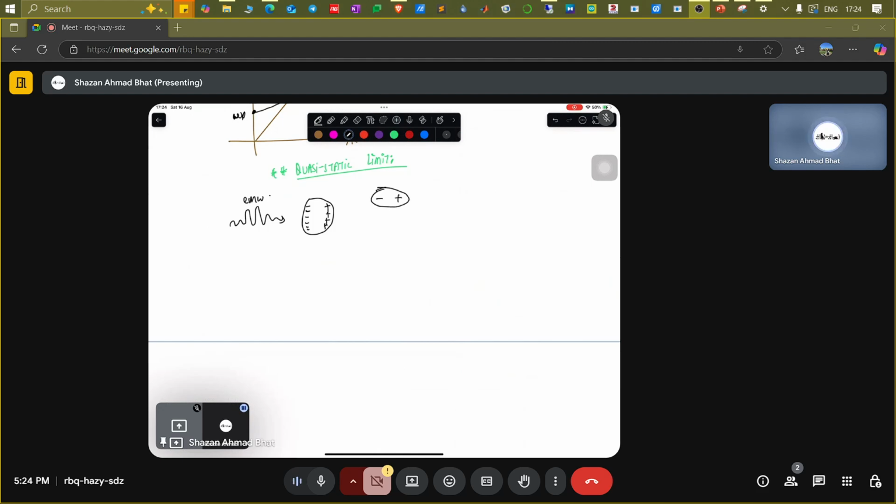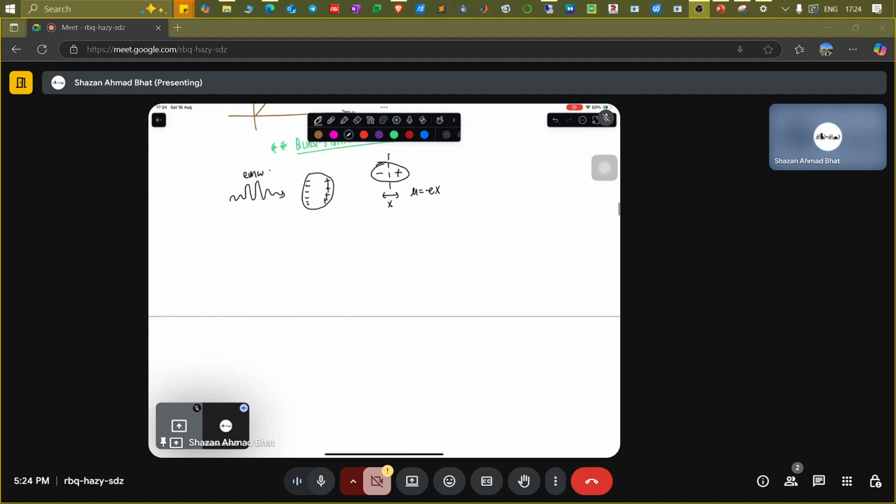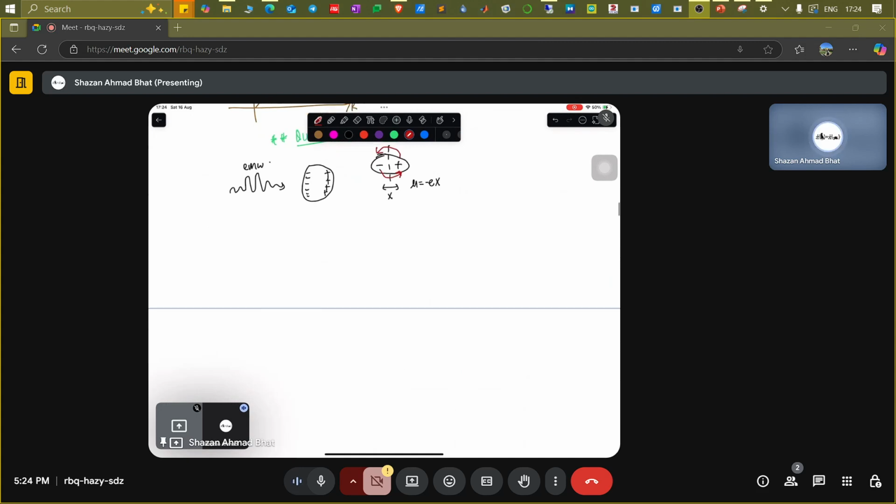They are separated by some distance, let's say x, and the dipole moment is basically the electronic charge times x. This is going to switch direction periodically, because the electromagnetic wave is periodically varying. Accordingly the signs are going to reverse, and it's going to oscillate.